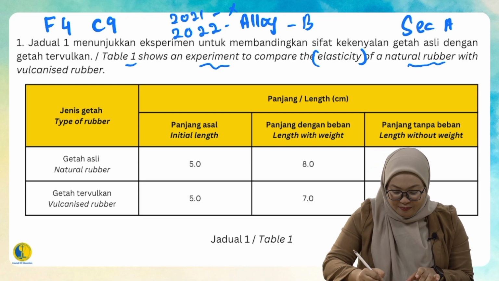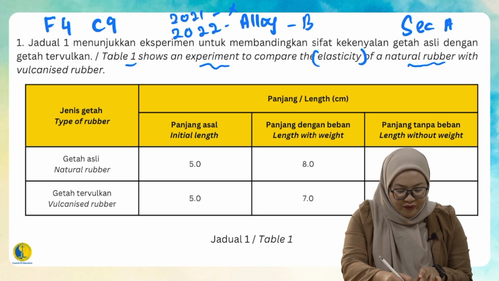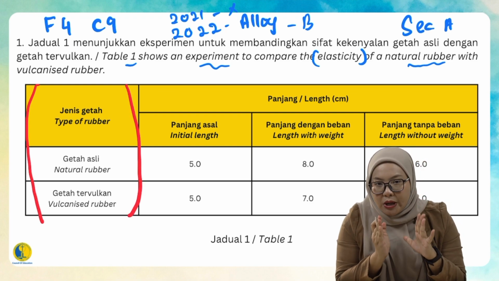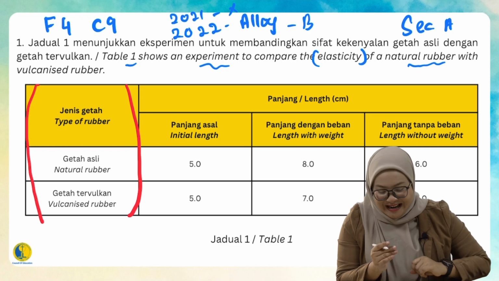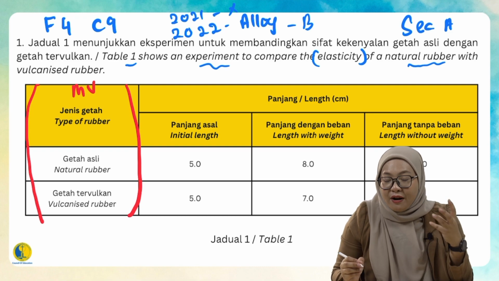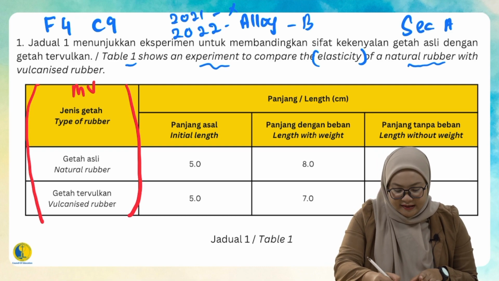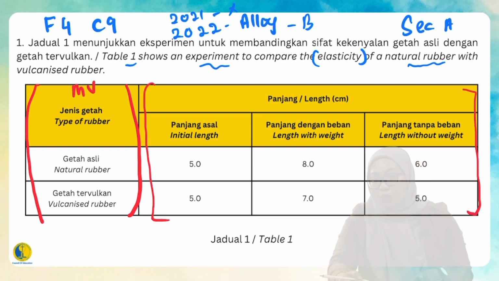Remember, in the previous video, we learned the first row or the first column is always your manipulated variable. So this is the MV, a variable that always changes. And the second column or the second row is always your responding variable.